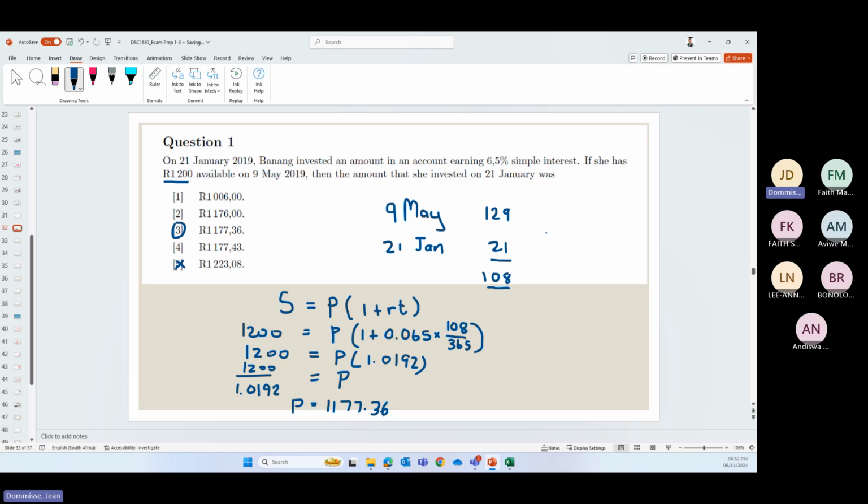So most likely, if we did have it somehow as 109 days or 107 days, that might influence that answer.